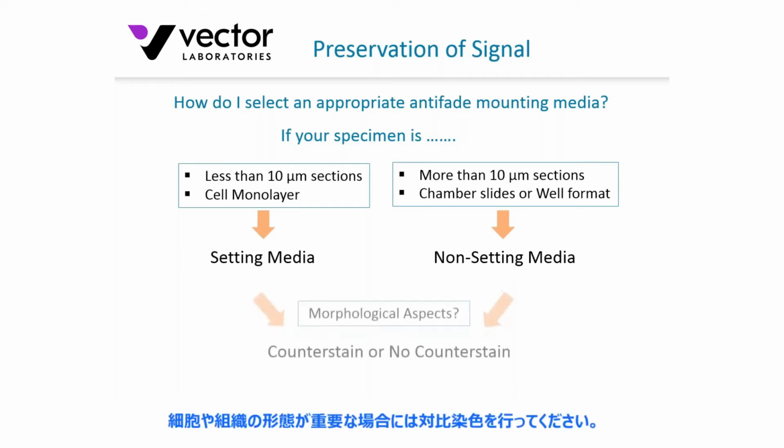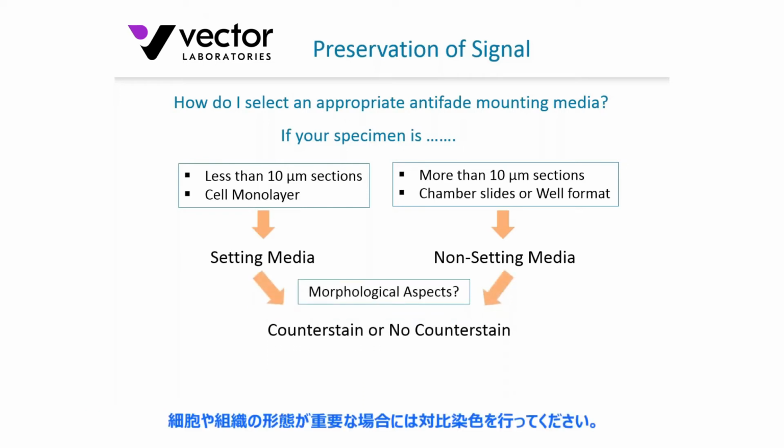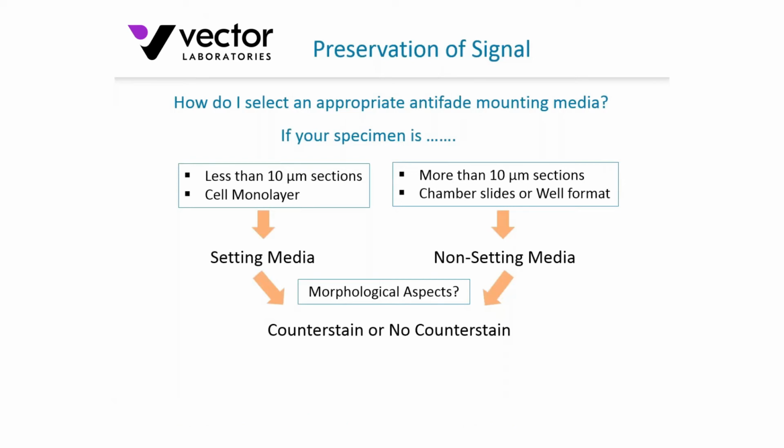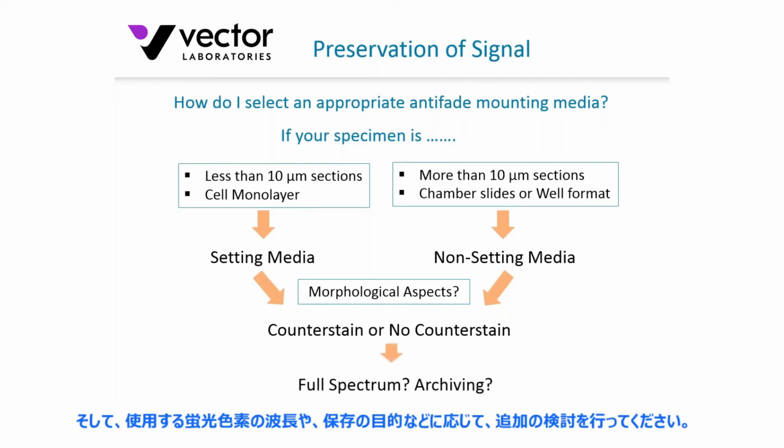And then certainly it would be up to you whether or not the cell architecture or the morphological aspects would be important, and whether or not a counterstain would be important. And as we just showed, there may be some extenuating circumstances, such as selection of certain fluorophores, or if you're looking for selection of multiple fluorophores across the spectrum, or if archiving is of interest.